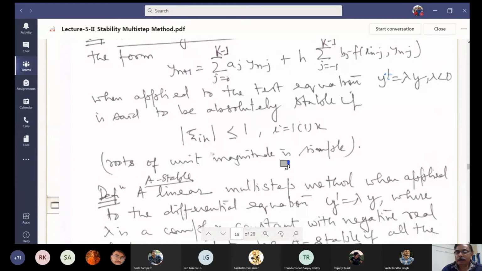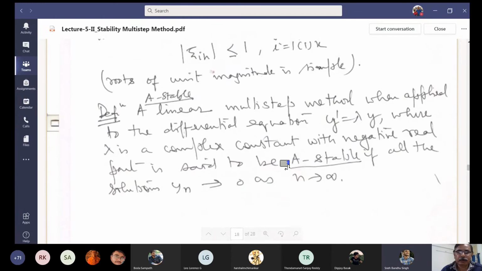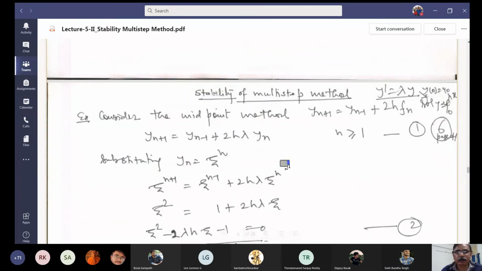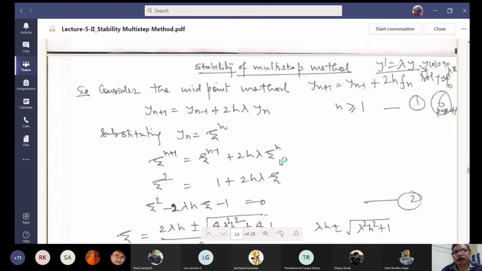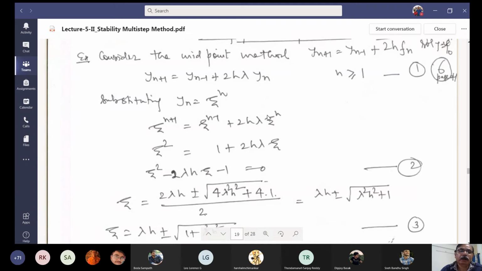So, shall I take up one example? Still time is there, so I think I can take up one very simple example, the midpoint method. y n plus 1 equals y n minus 1 plus 2h f n.